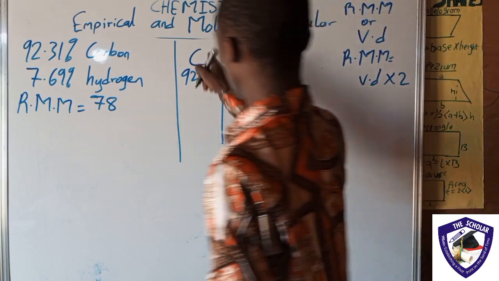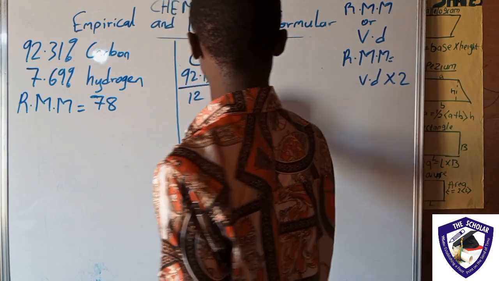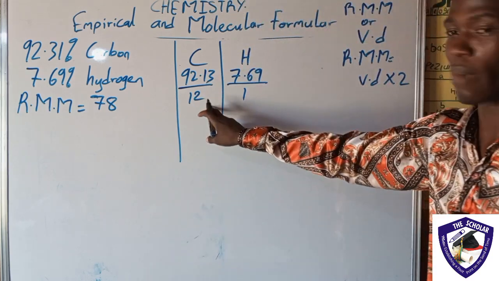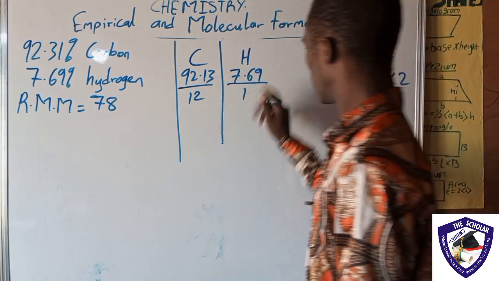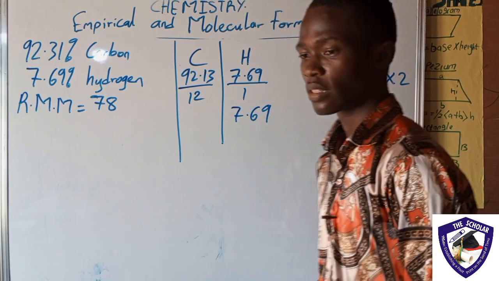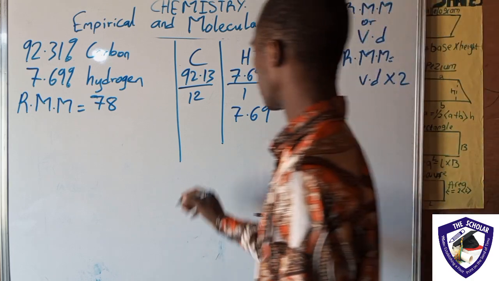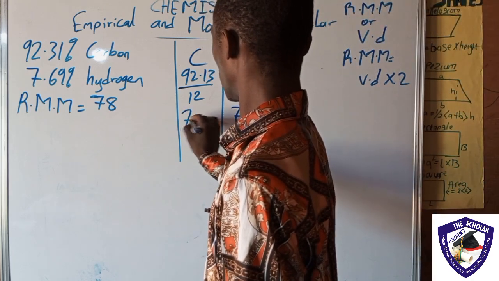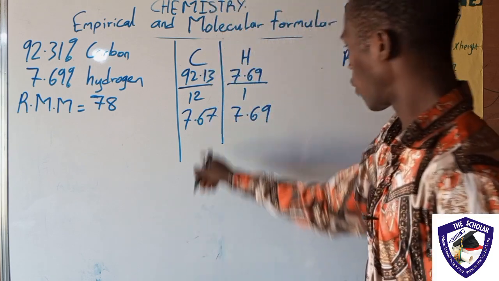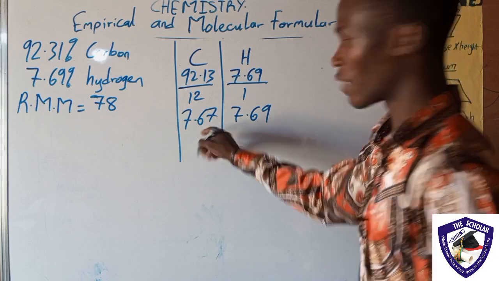Relative atomic mass. For carbon, it is what? 12. For hydrogen, 1. So 92.13 divided by 12 is what? For this, it is 7.69. 92.13 divided by 12 is 7.67. So the lowest here, you divide by the lowest. The lowest here is what? 7.67.